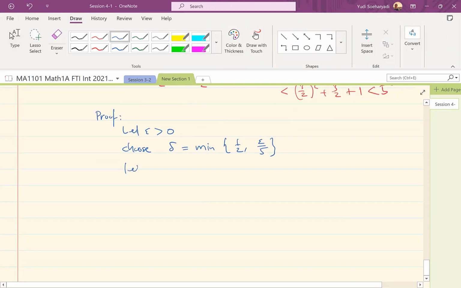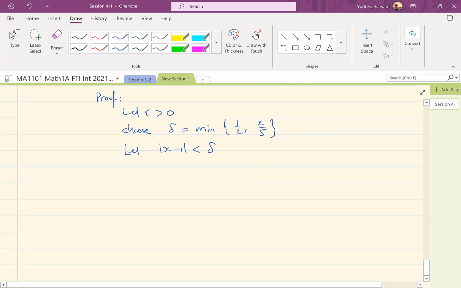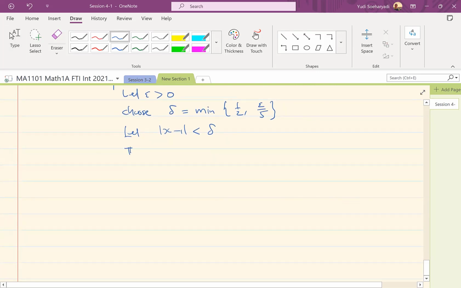So let absolute value of x minus 1 be less than delta. Then we compute f of x minus L, that is x cubed minus 1. We factor this out, and the factor is less than 5.